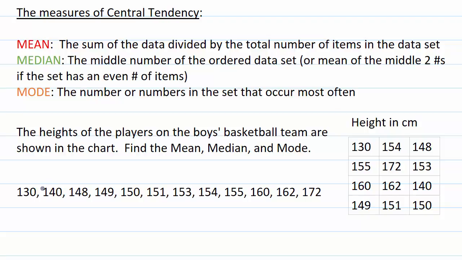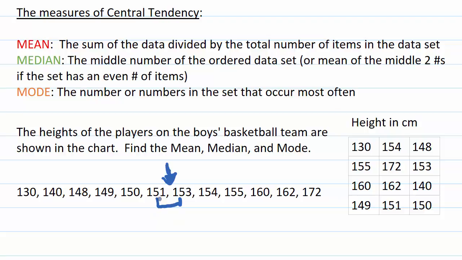Once we've ordered them, we've laid them out in order from least to greatest. The median is the middle number of the ordered data set. There are 12 of them, so 1, 2, 3, 4, 5, 6. 1, 2, 3, 4, 5, 6. So there is the middle, but there's an even number. So what we have to do is take the mean of 151 and 153.